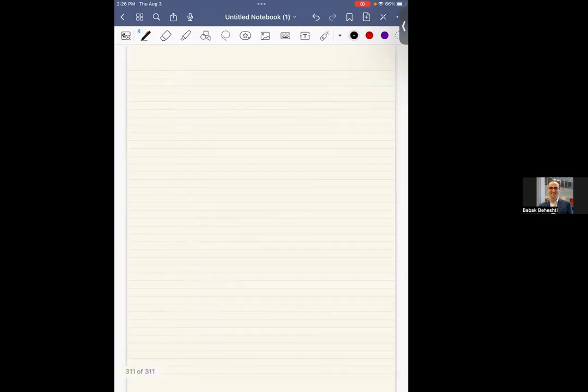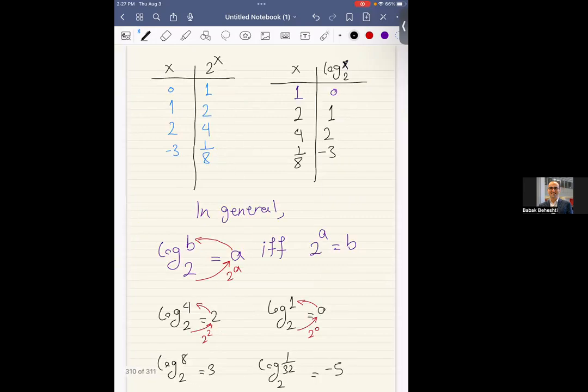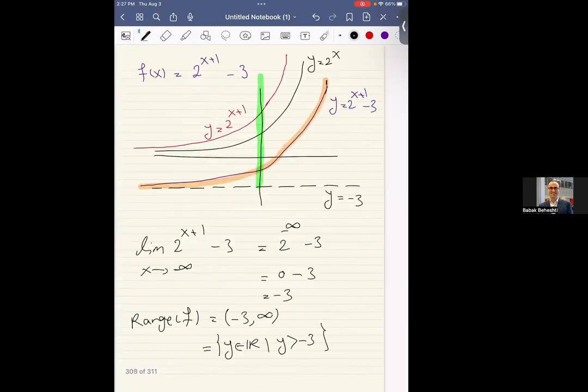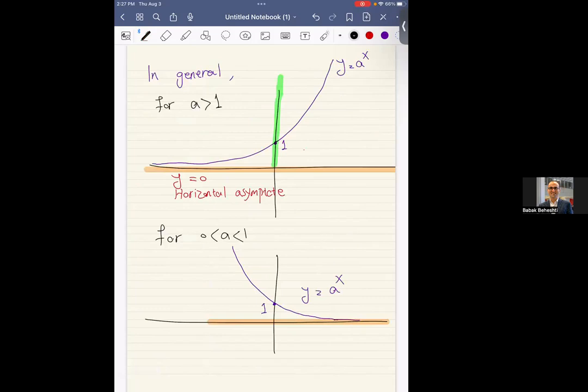Now, how is the graph of the logarithm? You have a new function, f of x equal to logarithm of x with base 2. Remember, f of x equal to 2 to the power x looks something like this.